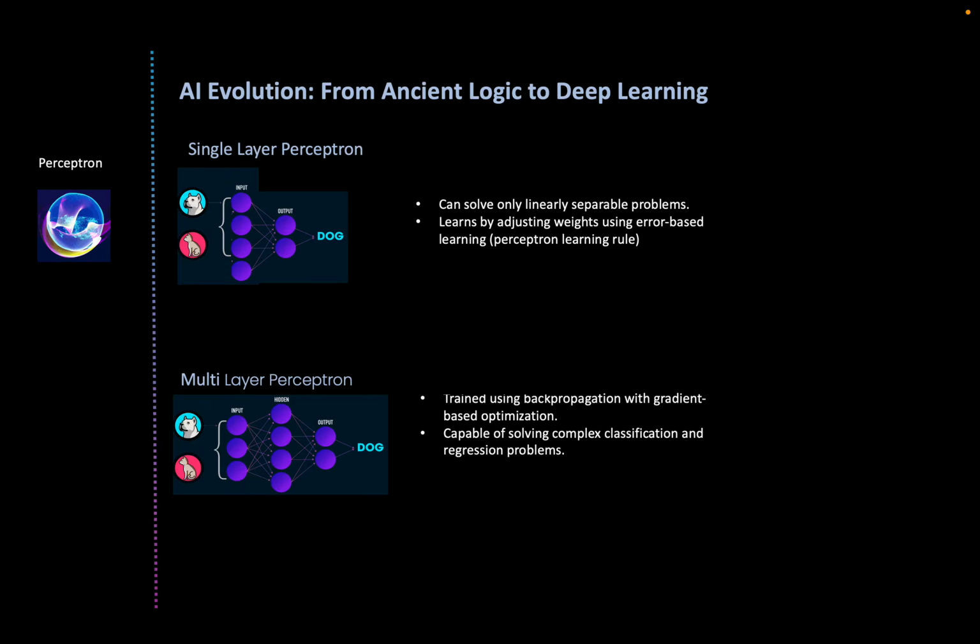Using the single layer perceptron, we can model problems that need simple prediction and classification. Now look at the multi-layer perceptron. In a multi-layer perceptron, there is another layer in between called a hidden layer. There is an input layer, a hidden layer, and an output layer.